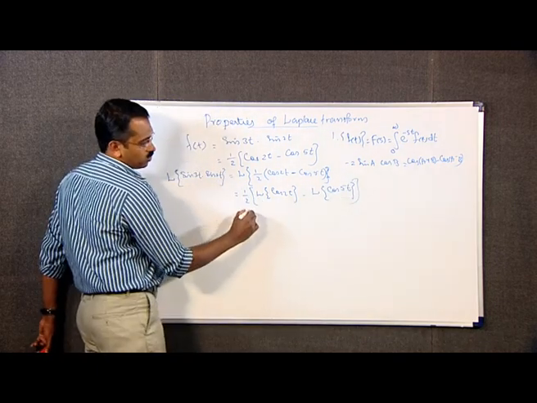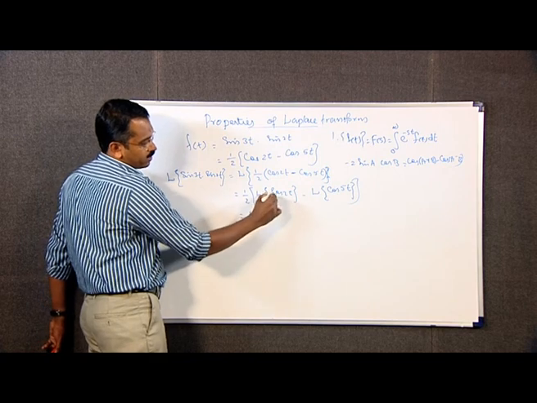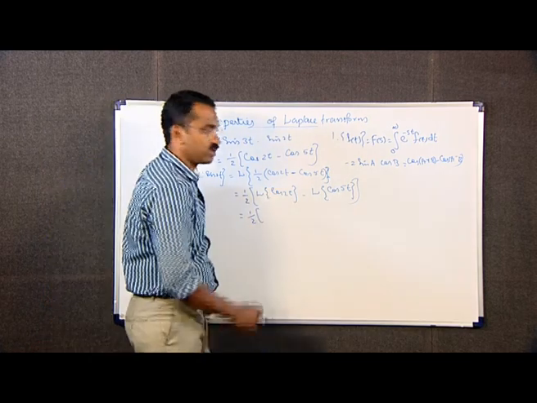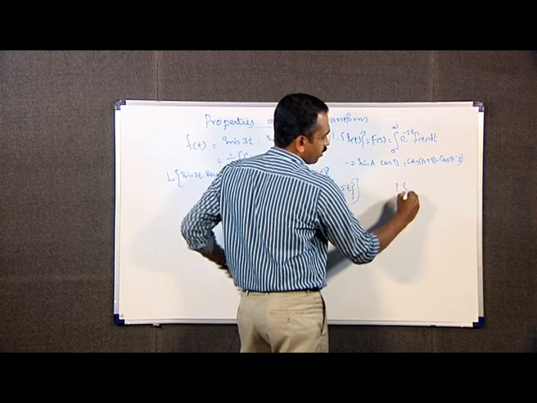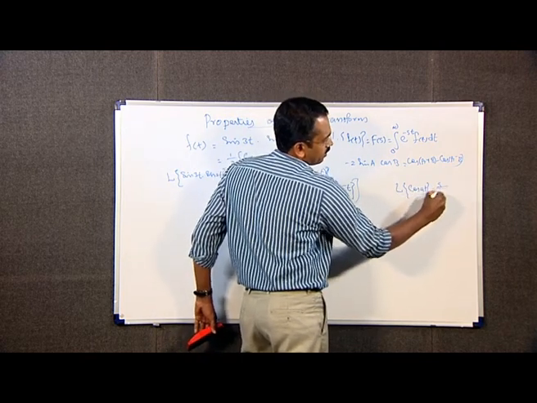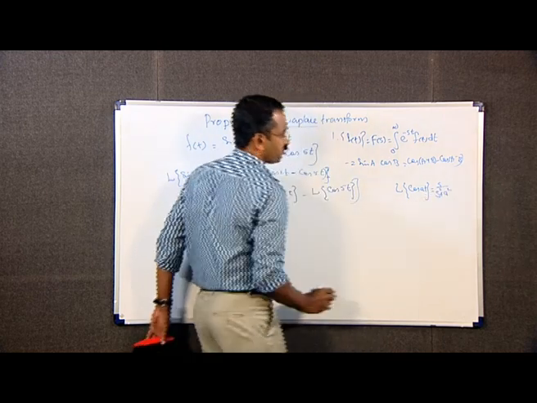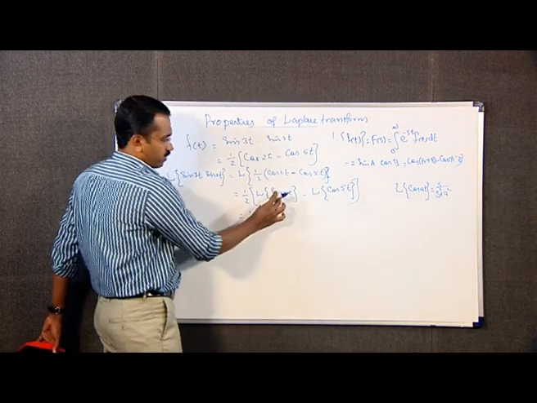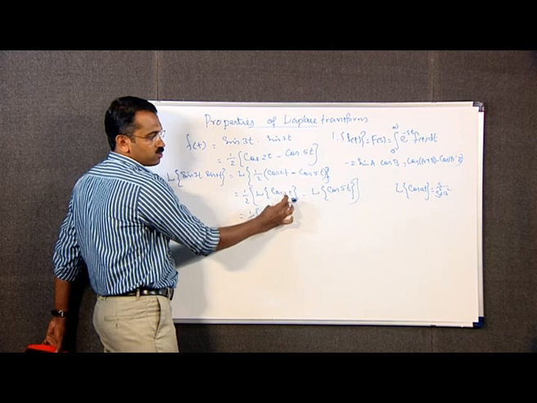which is equal to 1 by 2 into Laplace transform of cos 2t. We have Laplace transform of cos at is equal to s by s square plus a square. Therefore, here instead of a it is 2.